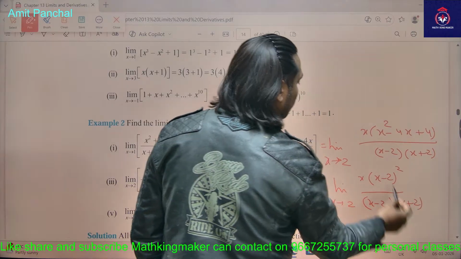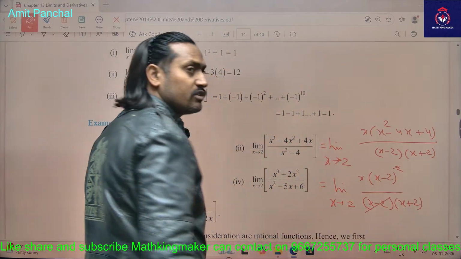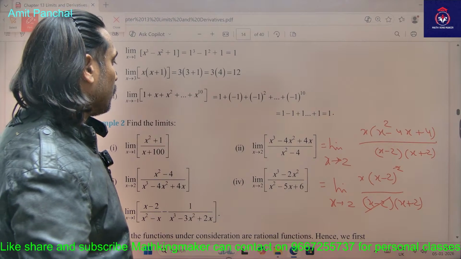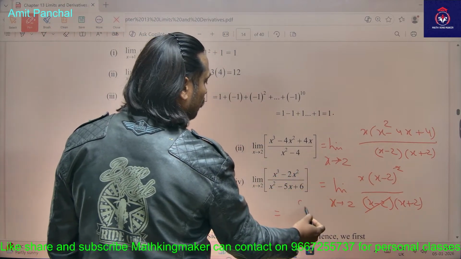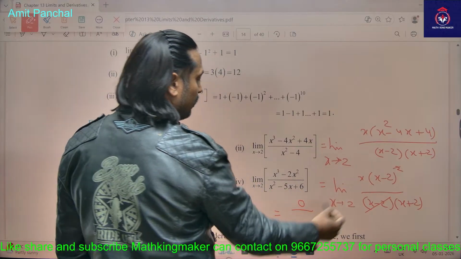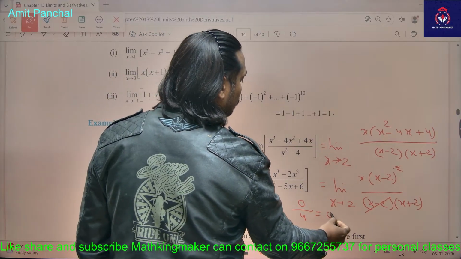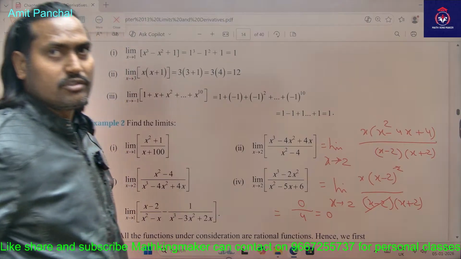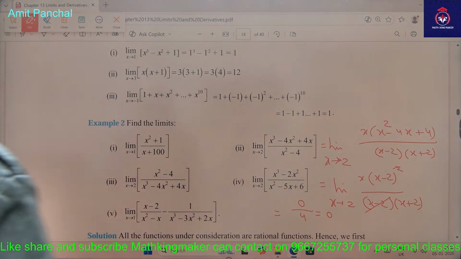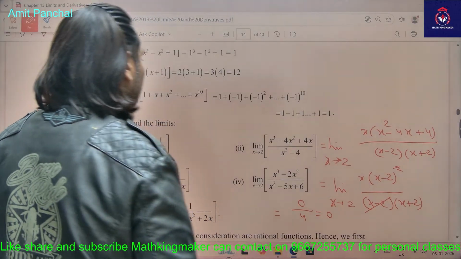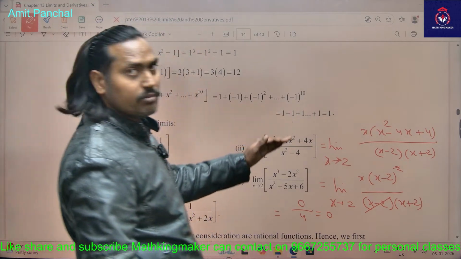So now you can see that x minus 2 is cancelled, and if you now put x tending to 2, you'll get 0 in the numerator and 4 in the denominator, so it is 0. Okay, so just try to remove 0 from the denominator.